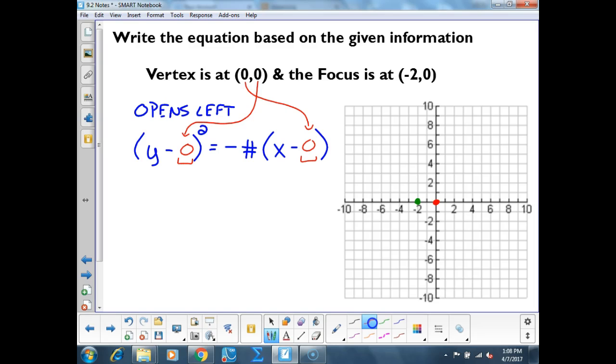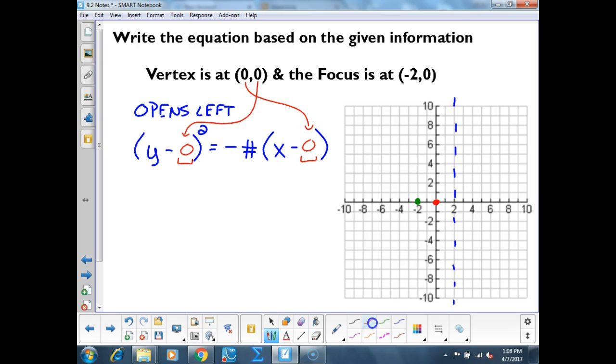The focus. x equals 2 would be the directrix, so that'd be this line right here. Do I need the directrix in order to make the equation? No, but that's where it is. Likewise, we could say the axis of symmetry is y equals 0.